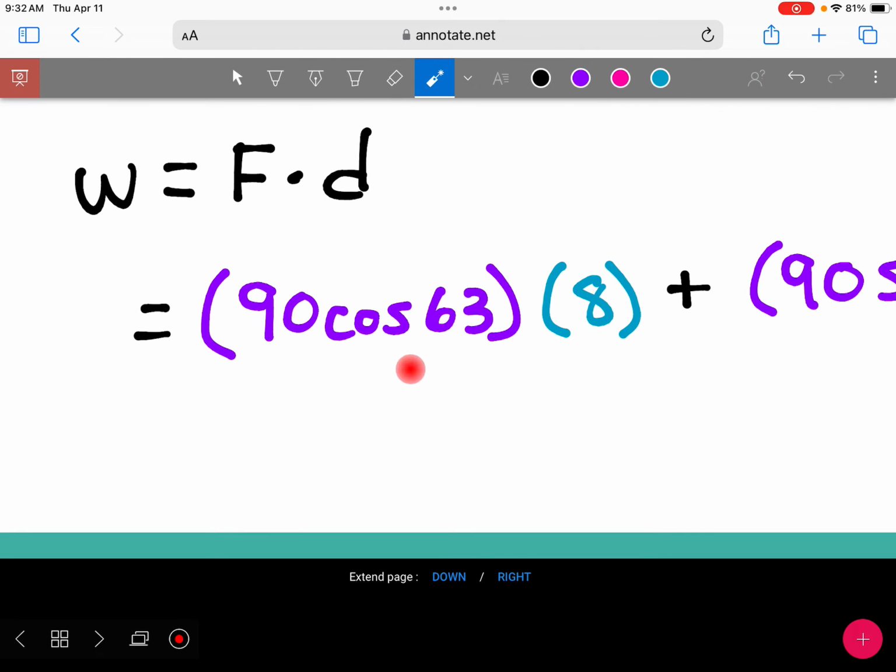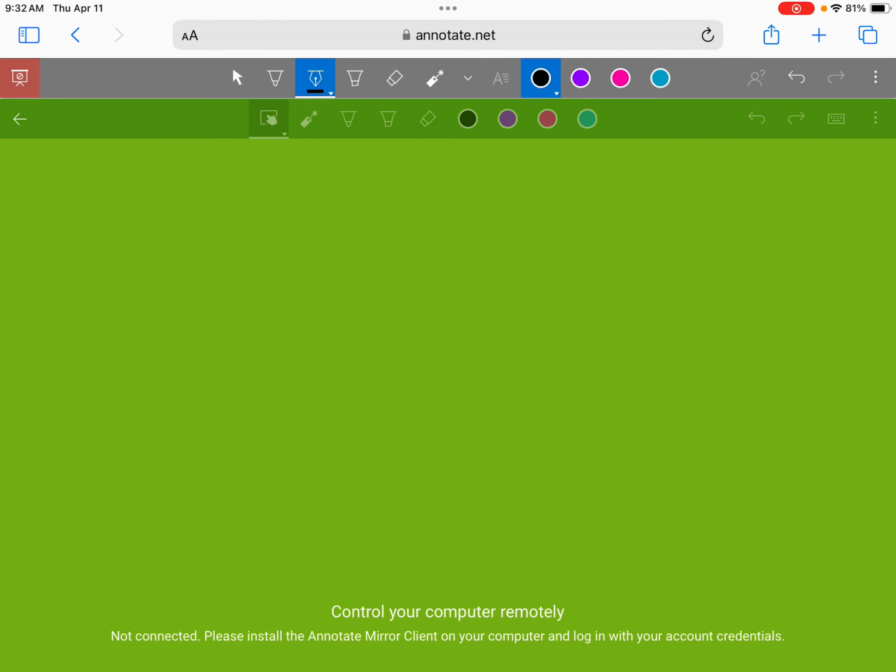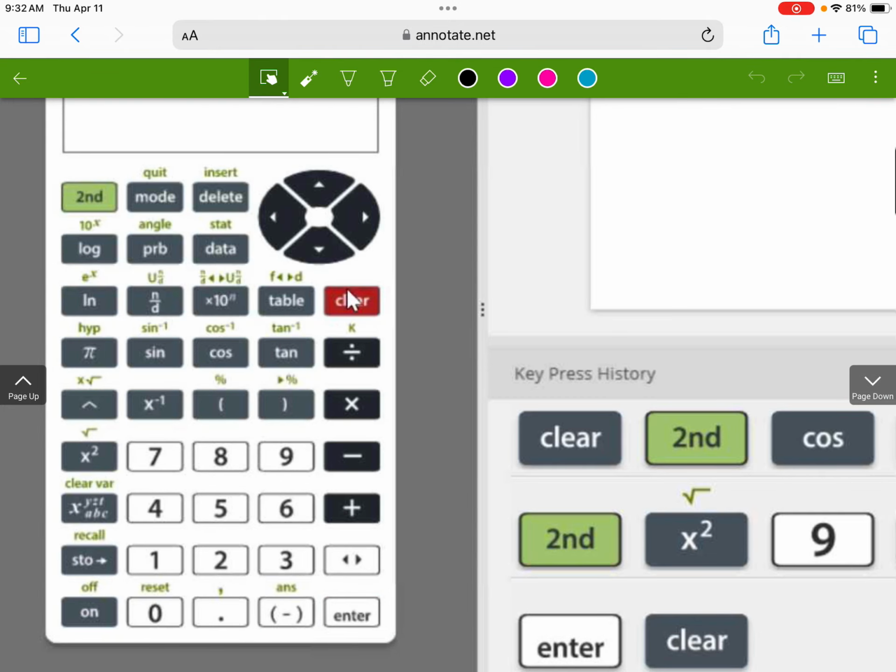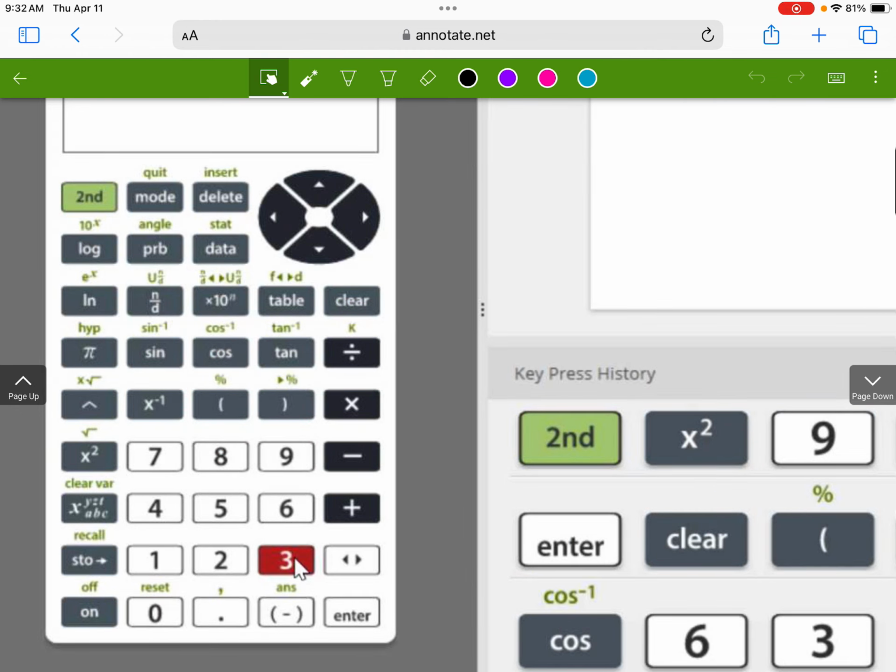So all we need to do is to type into our calculator 90 cosine of 63 times 8. We can even go 8 times 90 cosine of 63. Boop, boop. I just type it in like this. It's okay to switch the order.